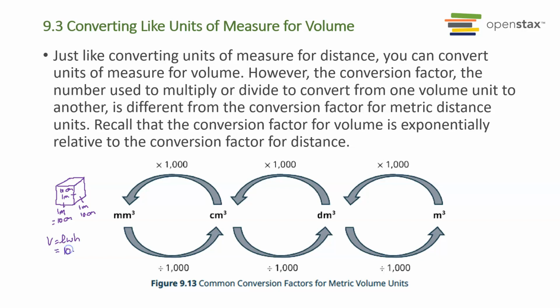So you're talking about 10 centimeters by 10 centimeters by 10 centimeters. So that's 1,000 centimeters cubed is 1 meter cubed. And so that's what we're doing here when we're going from, for example, oh wait, that should have been decimeters, sorry.